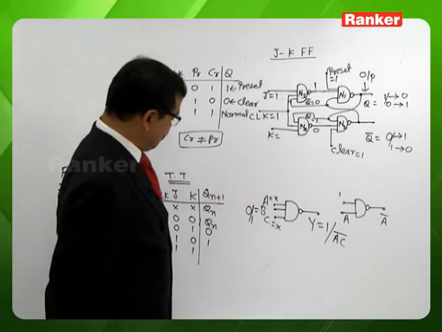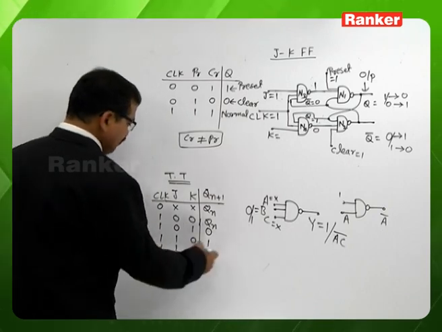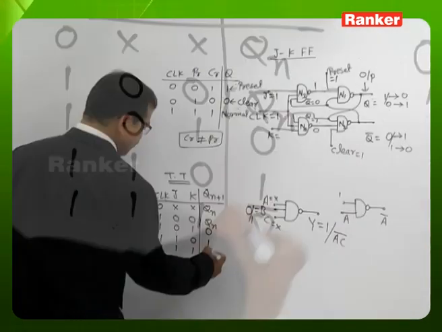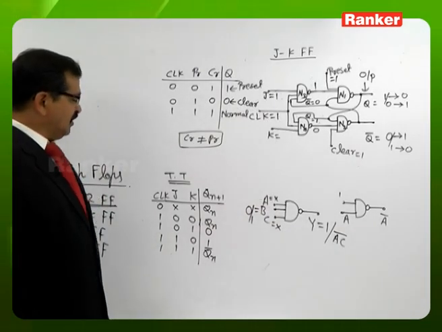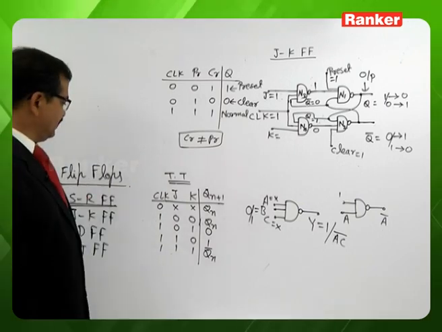Hence, whenever J is 1 and K is 1, while applying the clock signal, the next state is the complement of the previous state. So this is the operation of the JK flip-flop.